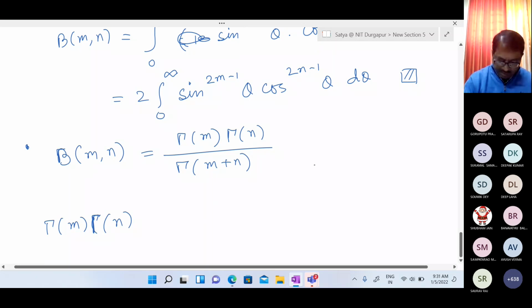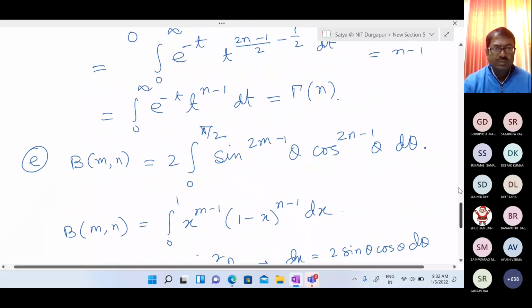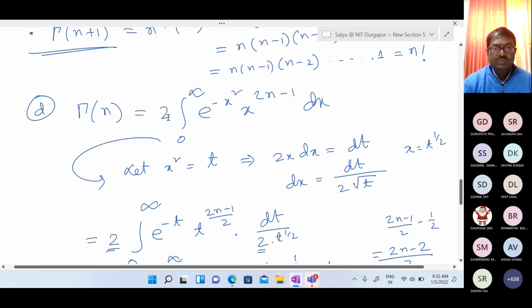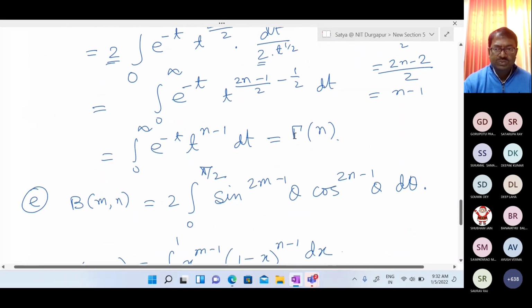And for gamma m, which we just proved a few minutes back, gamma m equal to 2 into the integration over 0 to infinity of e to the power minus x square times x to the power 2m minus 1 dx. That is what we have used.